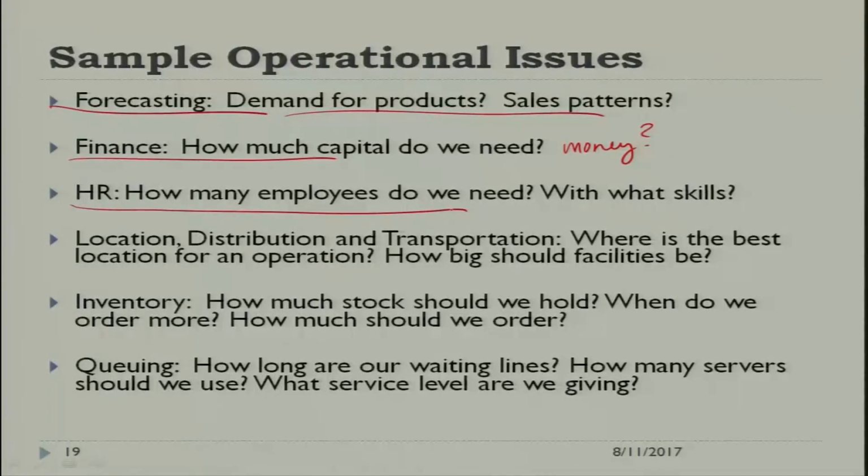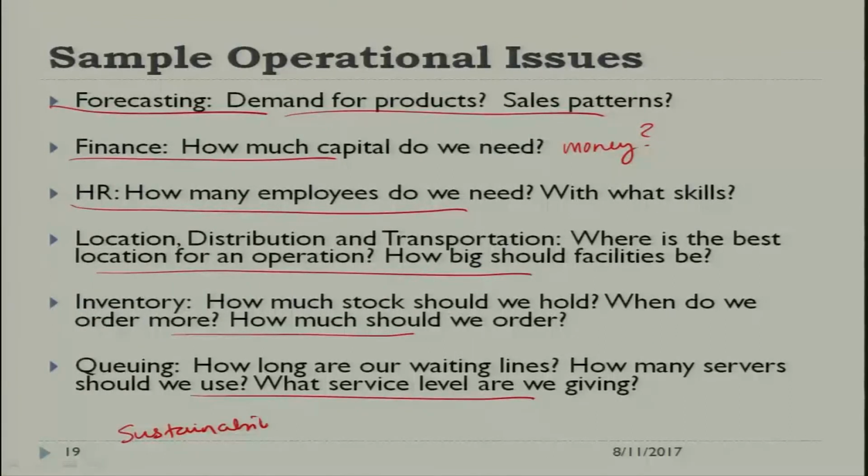What is the best location for operation, how big the facility should be, how many trucks are required to transport things, how much we should buy and stock, how much inventory we should keep, how long our customer should wait. All these kinds of things we study, different aspects of them in different courses. The thing that usually gets left out is sustainability; it is rarely studied as part of this.